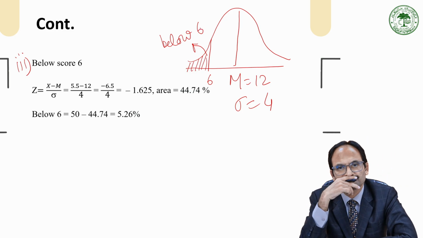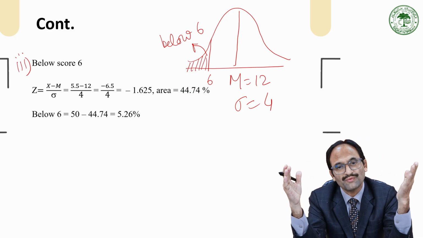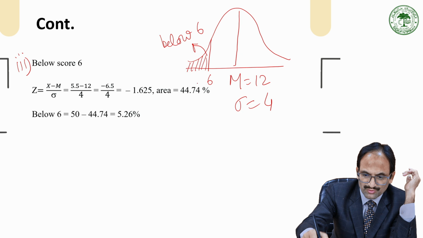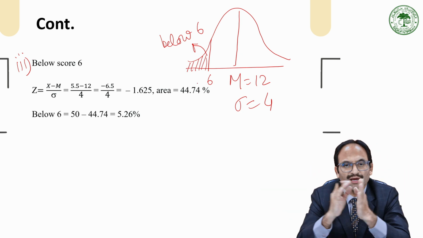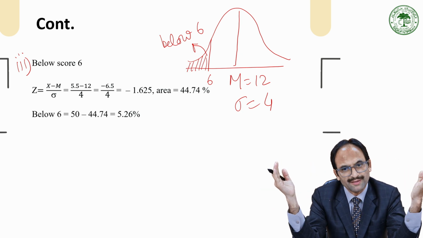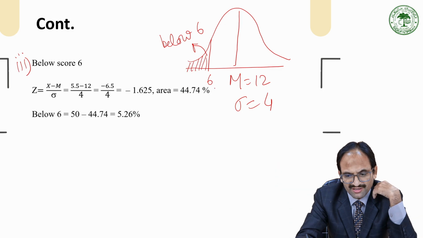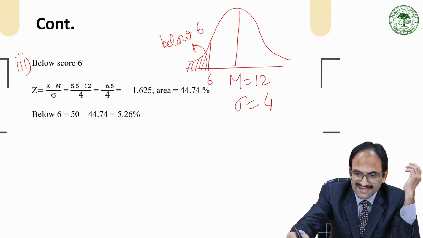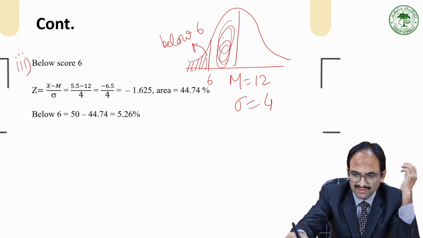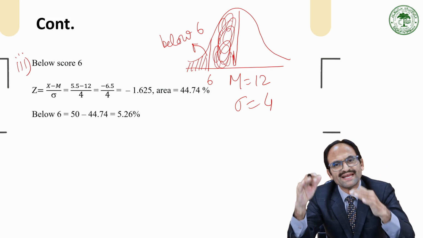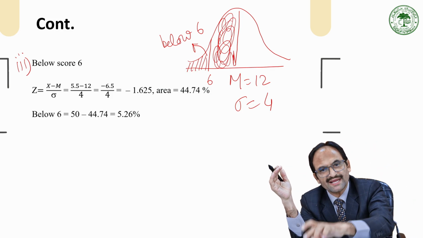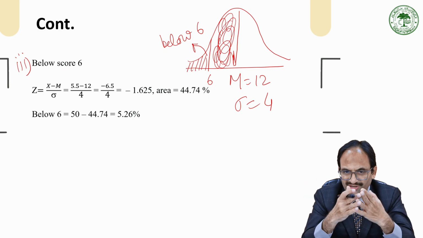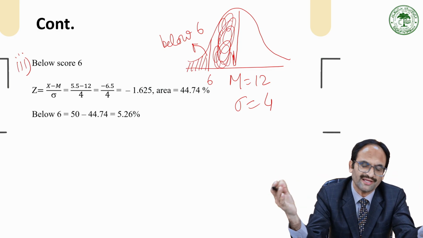So what you have to calculate? You have to calculate this shaded area. The modus operandi will be the same. First convert this 6 into a Z score, find out this particular area, and subtract this particular area from 50%, and definitely you will get the required area.